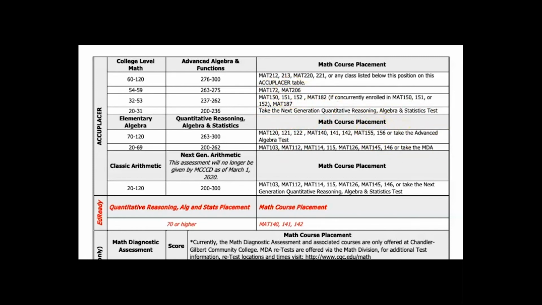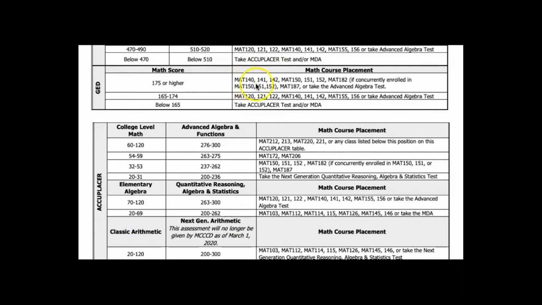A student pursuing other majors will take a class that begins with a Math 1-4, as you can see right here, which includes 140, 141, or 142. All math courses that begin with the same 2 digits following the MAT are equivalent to one another. They do vary in credits, pace, and instruction time.